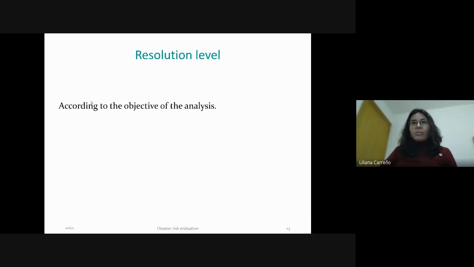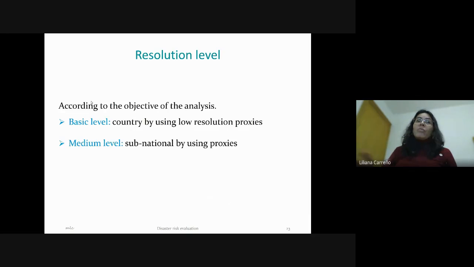So for this characterization, we can use different resolution levels according to the objective of the analysis. For example, we can use a basic level if I am talking about the country and using low resolution proxies. Generally, proxies based on macroeconomic information.